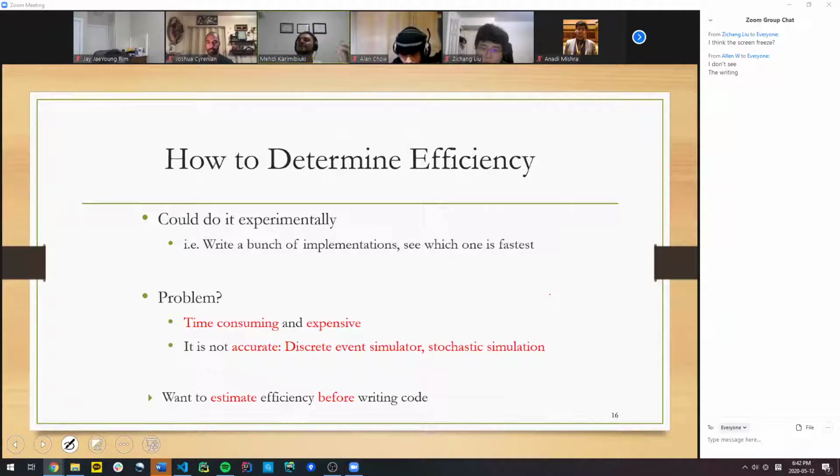So there are different ways they go about it. There are methods like stochastic simulation, where they say we are thinking of a normal distribution of a population of a number of inputs, and then we give it to our algorithm and see how the results will look. There is another method called discrete event simulator, and for that there are books written, like a queue theory written for it.